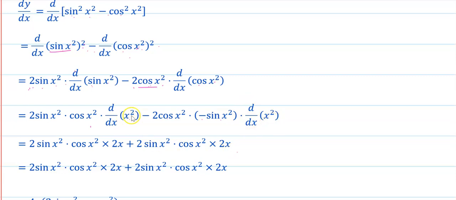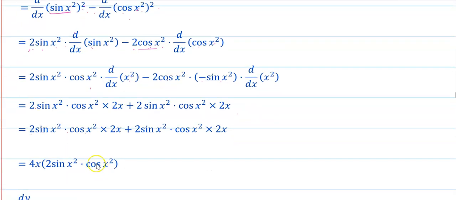Okay. And here the derivative of x square is 2x. And overall, this 2 into 2 will become 4. That is 4x sin of x square into cos of x square. Okay, this is the 4.